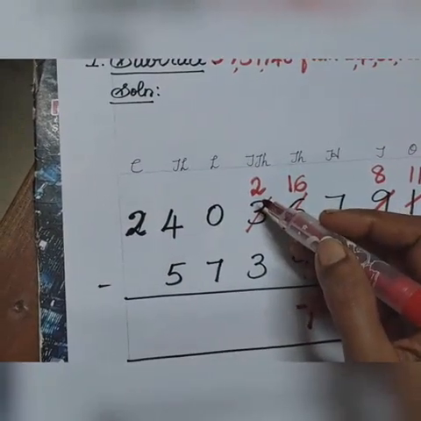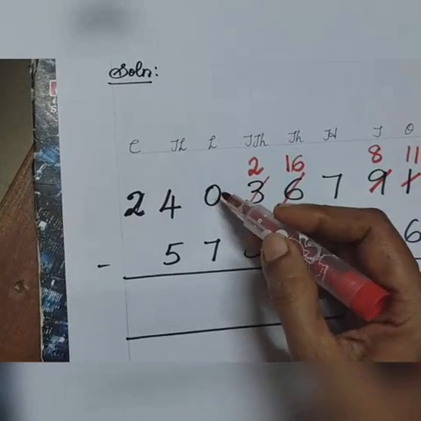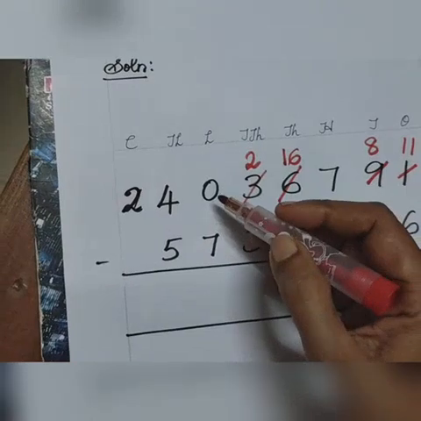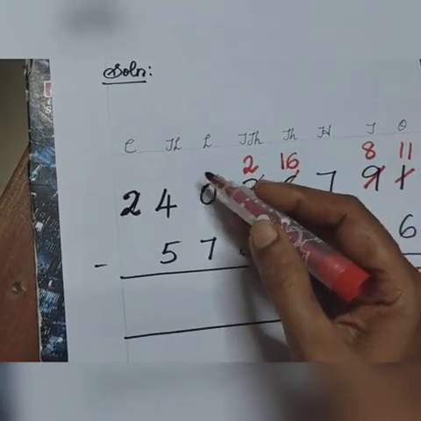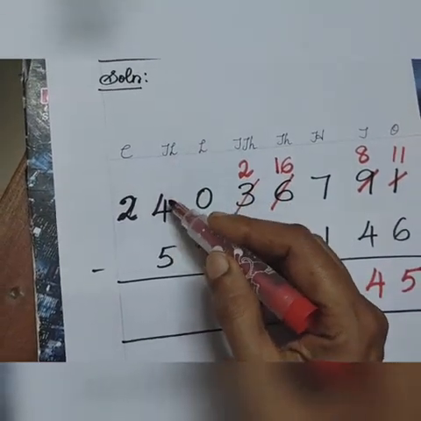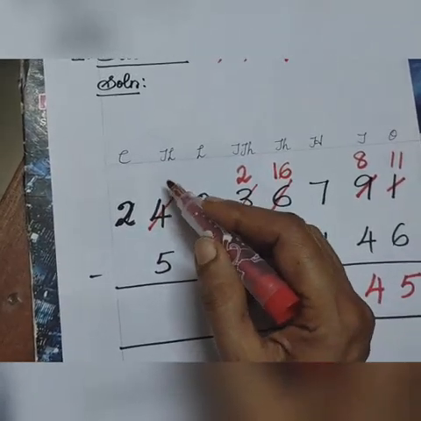So again we are going to borrow. Borrow means here in the lakhs place nothing is there, 0 is there, is it not, children? So what we have to do? Yes, lakhs place nothing, so we can move to the 10 lakhs place. Okay, children, there 4 is there. So we are going to borrow from there.